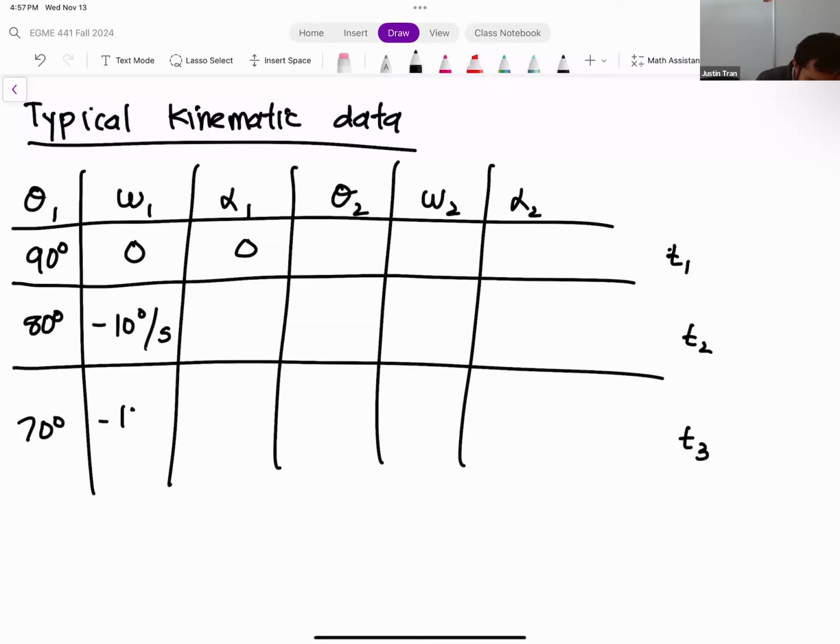Or maybe we're accelerating here, so the angular velocity is changing at a rate of 10 degrees per second in the first time step, and changes by minus 15 degrees per second in the second time step, okay? And then the angular acceleration might be minus 10 degrees per second squared. And then in the second time point, you would plug in for that.